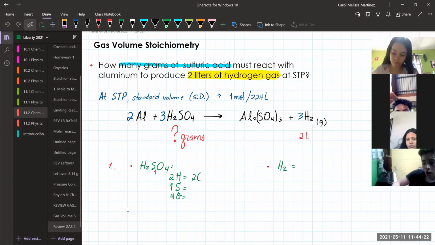So this is going to be 1 times 2, 1 times 32, and 4 times 16. I got this from the periodic table. Okay, I rounded. So this is going to be 2 grams. This is going to be 32 grams, and this is going to be 64 grams.